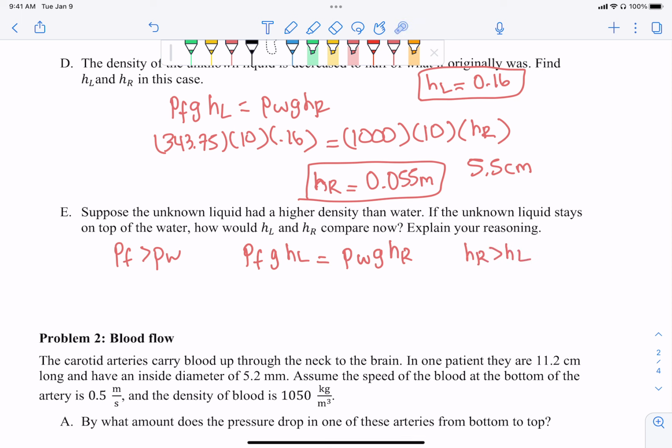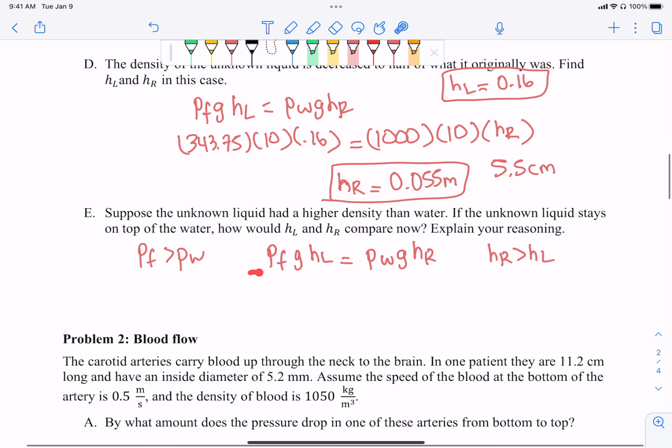HL will stay the same regardless because you're adding the same amount of fluid. The volume is the same. But then all of a sudden, this is greater. So the density is greater now. There's a higher density. So if this is higher and this is kept the same, then, because of that direct relationship that we were talking about before, HR would have to increase.